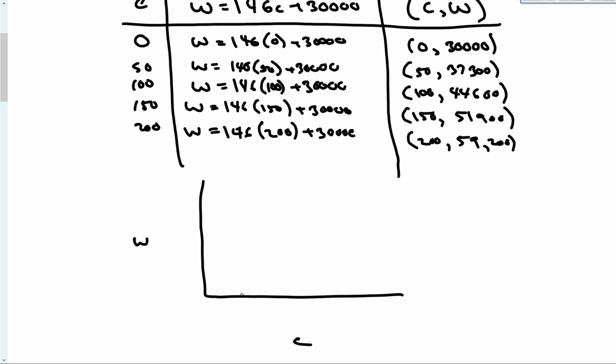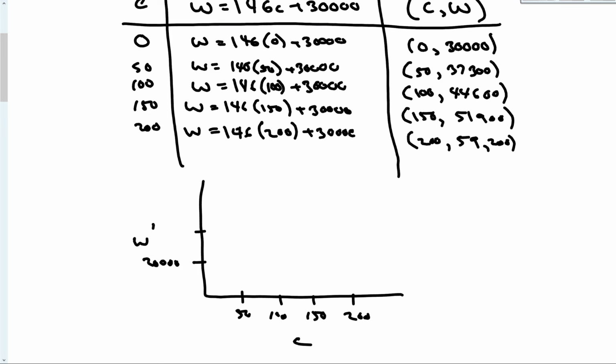And I'm not going to make a graph with every single point on it. I'm going to make the axis intervals the same, an interval of 50 for the input, up to 150, 200. And here, let's go by 20,000.